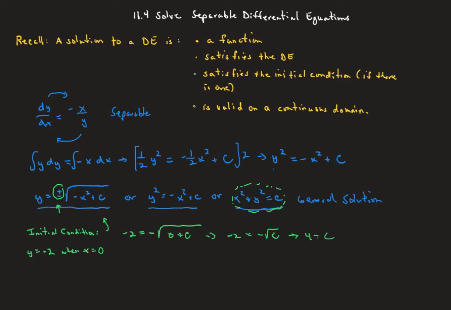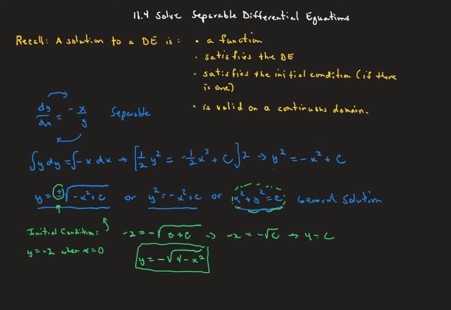And so that then means that our solution is going to be y equals square root of, and you can either write the -x squared first, just to make it look a little nicer, I'm going to write the +4 for c first, minus the x squared. That is our particular solution.